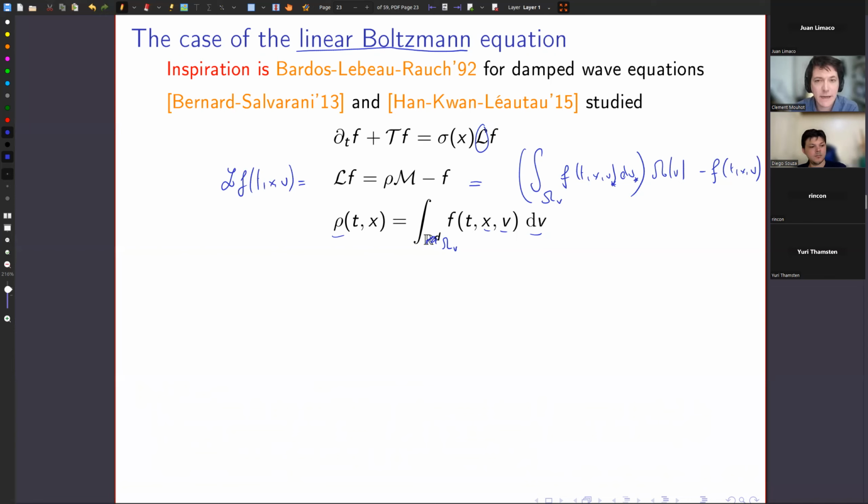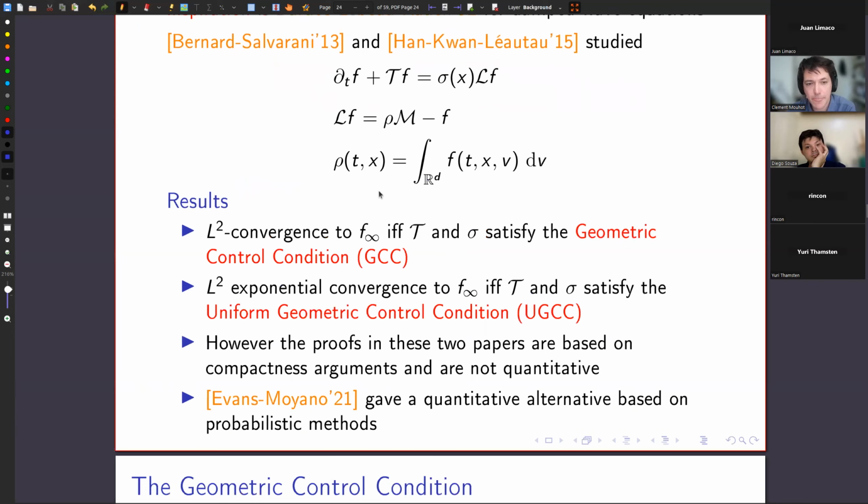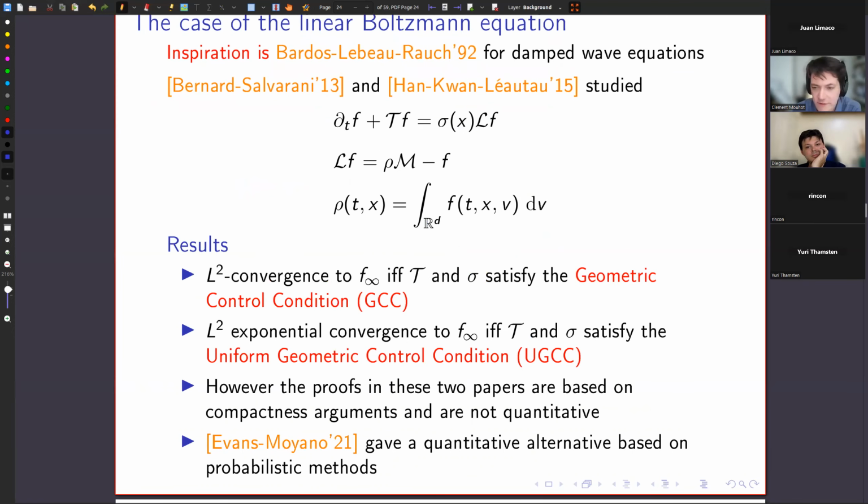So inspired by a seminal paper by Bardos, Lebeau, and Rauch in '92 for damped wave equations, the first works are due to Bernard, Salvarani, and Han Quan Luo, who studied this equation, and they proved that, and this is what I'm going to explain in the next five minutes: if you have a geometric control condition, let's say GCC, then you do have the convergence of your solution towards F infinity. In particular, this is unique. Everything is attracted to this F infinity. This is the only stationary solution there.